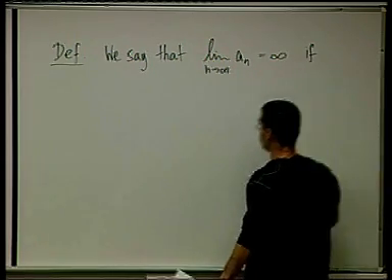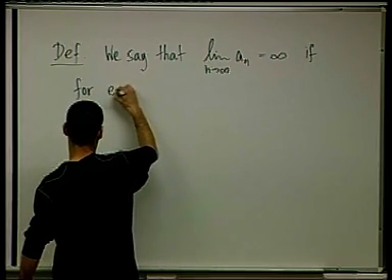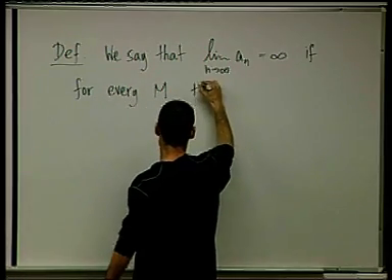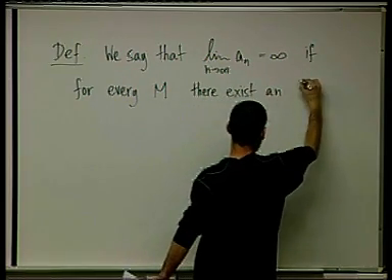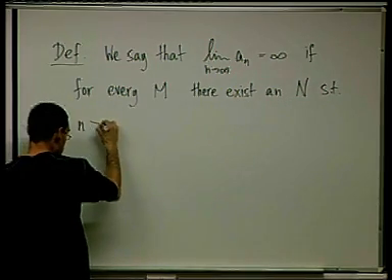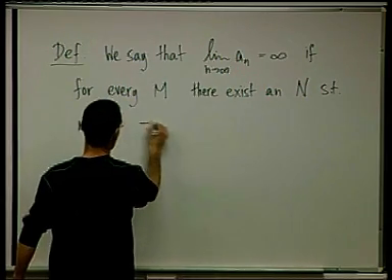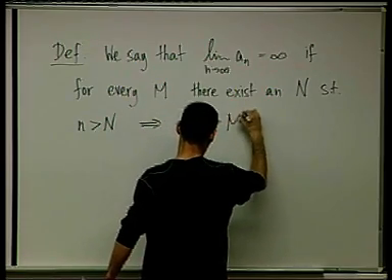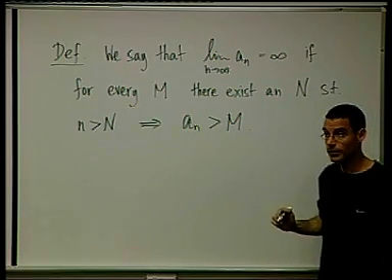if, and now instead of epsilon, we're going to have this big M. If for every M, there exists an N such that if you went beyond N in the indices, then the elements of the sequence went beyond M, got closer and closer to infinity.